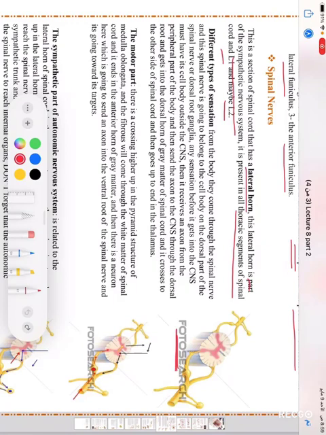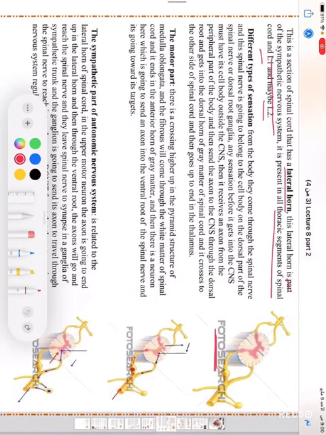It's present in the thoracic segments of the spinal cord and L1, and maybe L2.